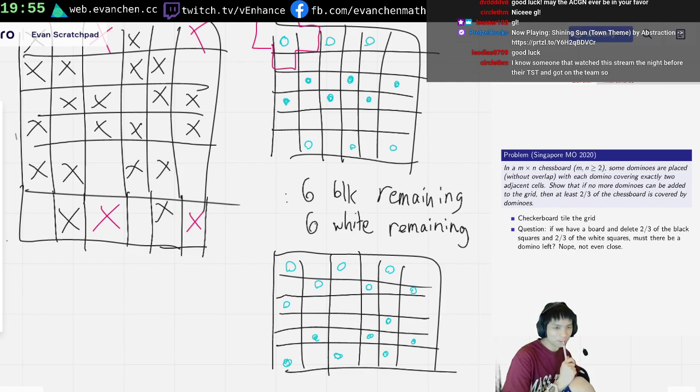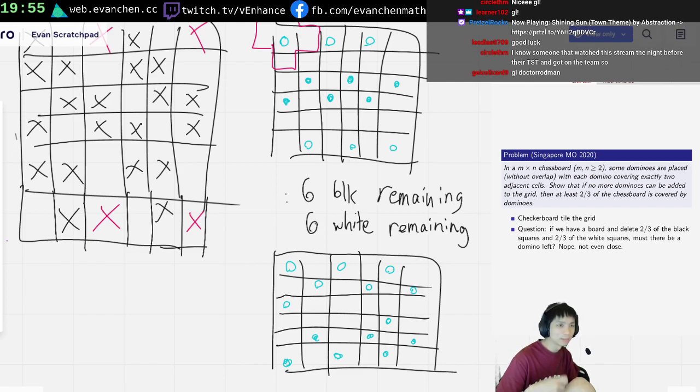Because I really need to use the fact that the deleted squares were from dominoes. Even color is not sufficient. And how am I supposed to do that?